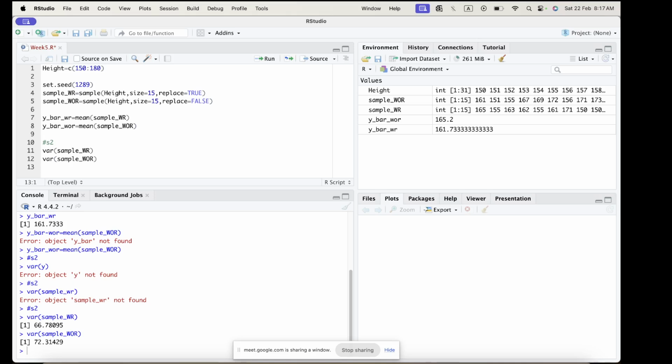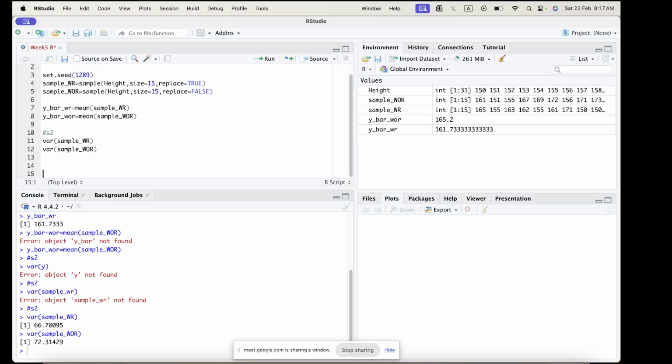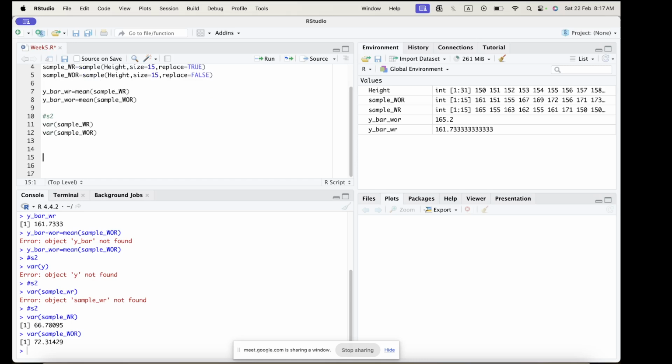Now if I have to get the 95% confidence interval, then for the variance of the sample without replacement, let me go back here.